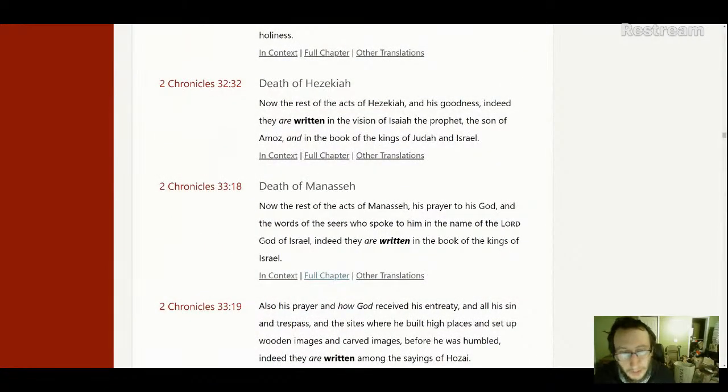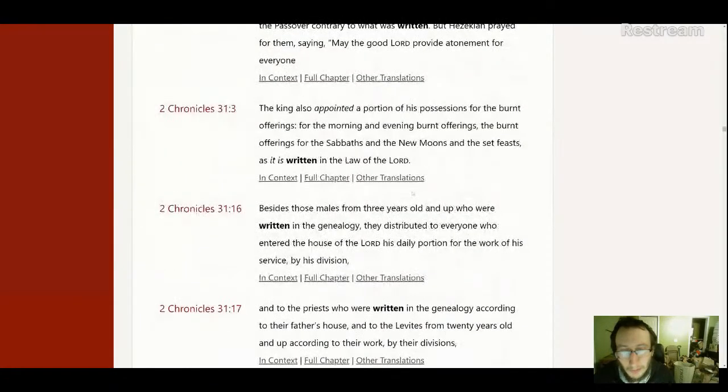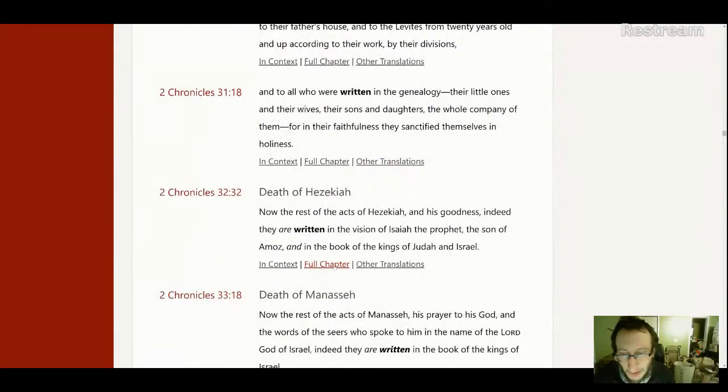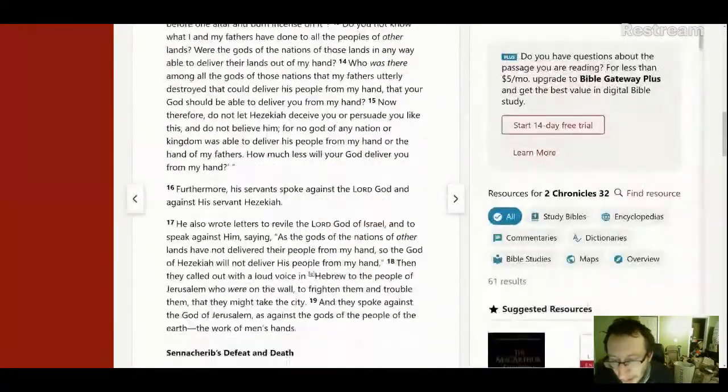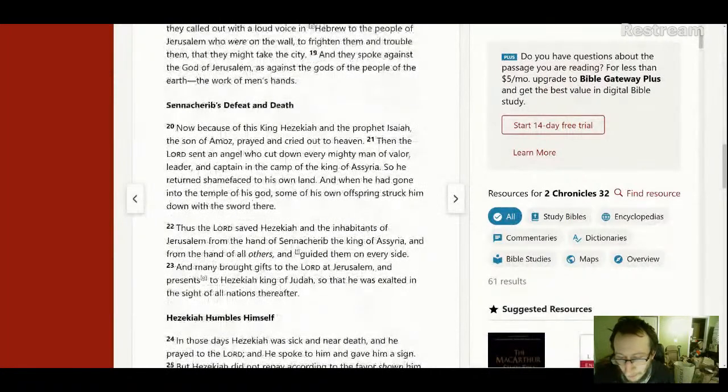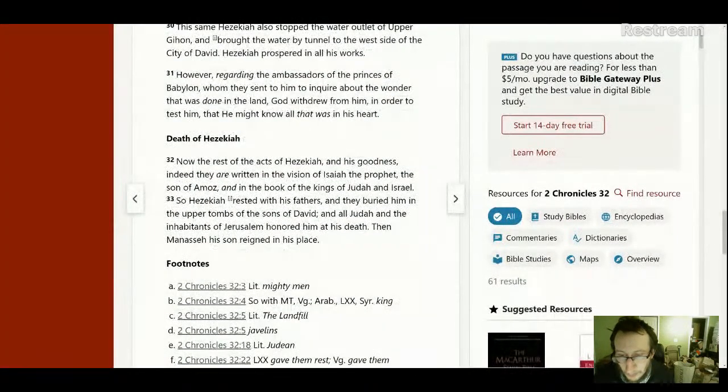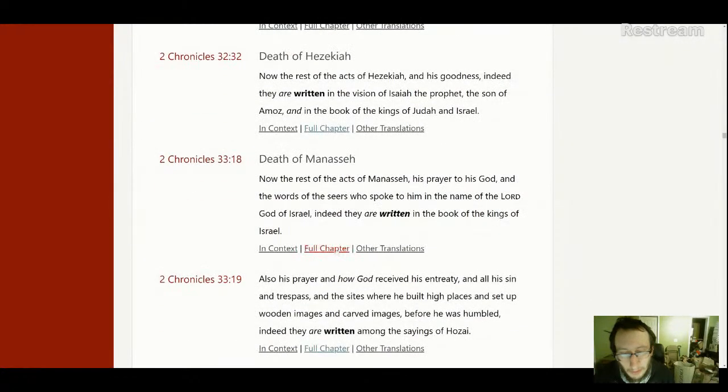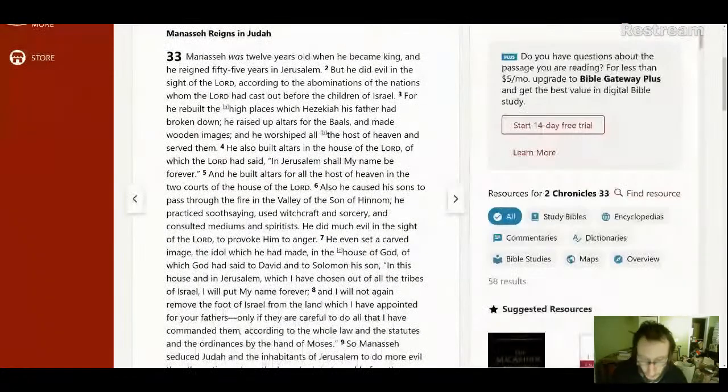Okay, it's not showing that there. Let's see what it says, because I know it says something right after in the next verse. I'm looking for Manasseh's one. Okay, the prayer.